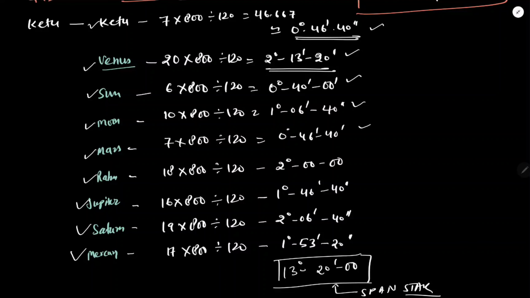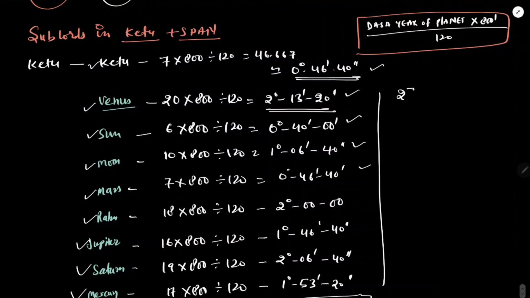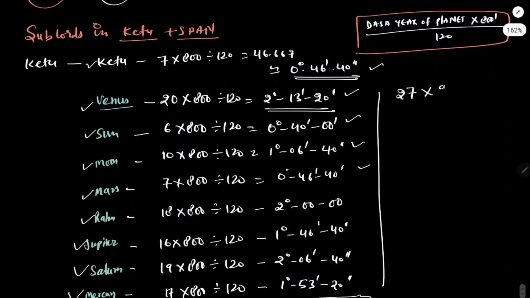So this is how we have calculated the sublord. One more thing: we have 27 stars, and each is divided into 9 sublords, right? If we multiply, we get 243. But in actual, we have 249 sublords.